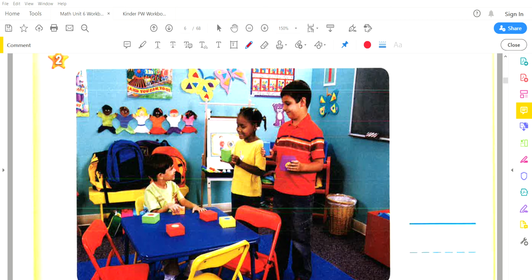I see 1, 2, 3, 4, and 5. I see his friends have more to share. They have 1, 2, and 3 blocks and boxes to share. Let's see how much 5 and 3 is all together. Why don't you go ahead and count these? Write how many you think there are all together on the handwriting line.